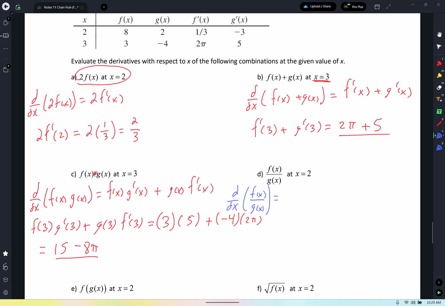Low d high: bottom times derivative of the top, minus, what? High d low: top times derivative of the bottom. And all this is over bottom squared.